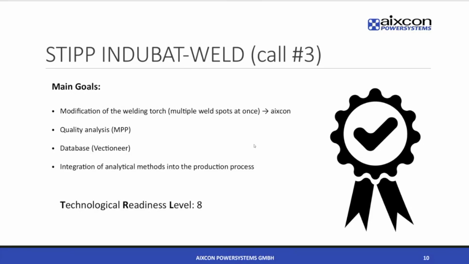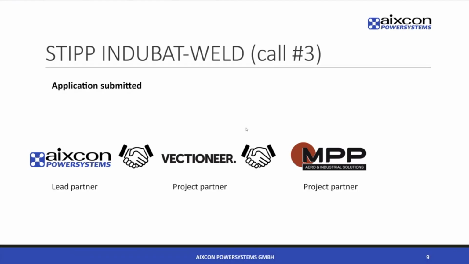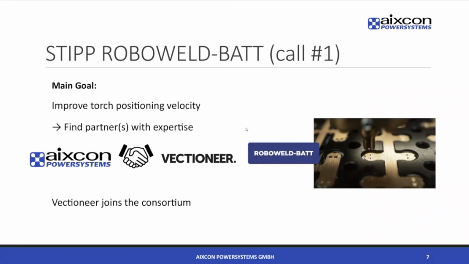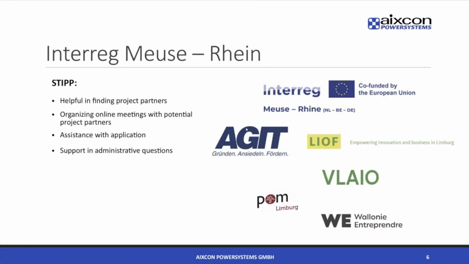Interesting to hear about your experience and also about the results from the first project. And also really nice that you found a third partner and apply again within the STIPP instrument. So yes, the AGIT, the LIAF, the VLAIO, they are very helpful in finding project partners.